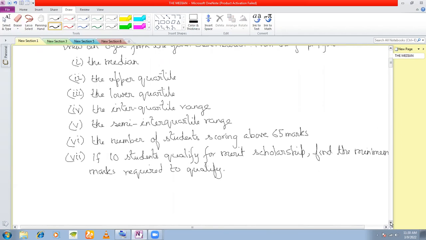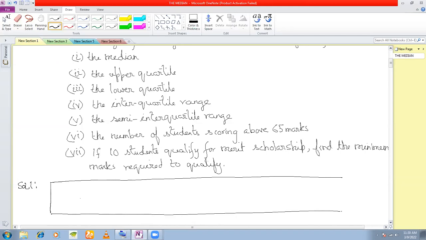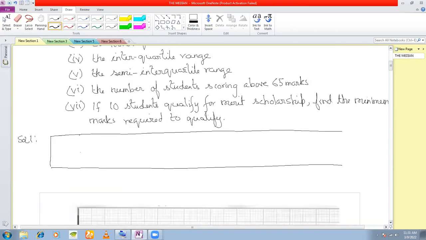Now what you are going to do is make this kind of table first. Solution. In this table, you are going to select the lower class boundary of each class. Here the lower class boundary is 0. So first of all, you write a 0 here.